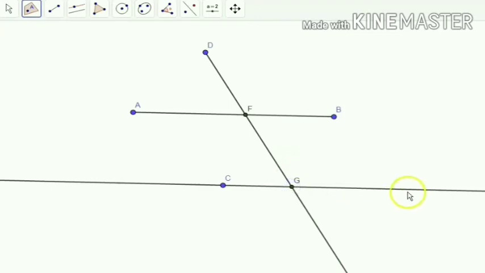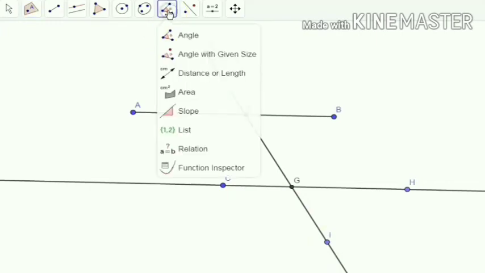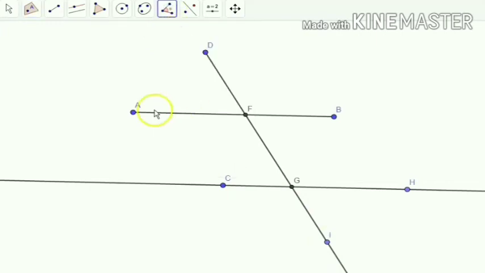Let's measure alternate interior angles. What do we observe? First one is 121.37 degree. Second one is also 121.37 degree.